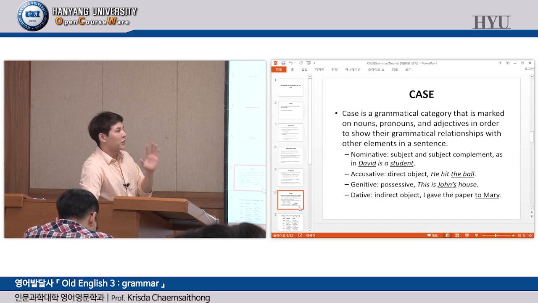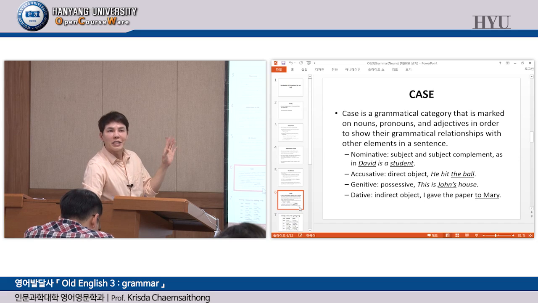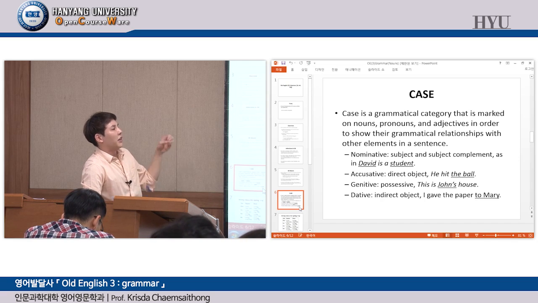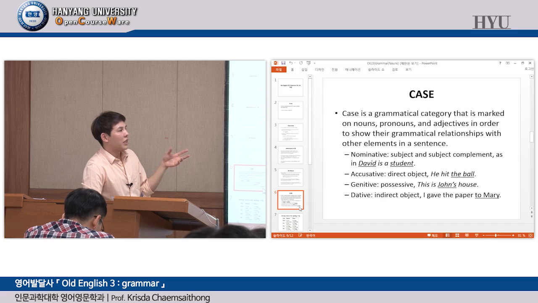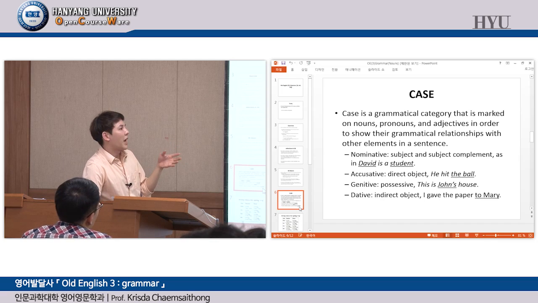People have no difficulty recognizing what a subject is in this class. The subject is before a verb, basically. And the subject complement, we usually use it after the be verb, after is, am, are, was, or were. So, David is a student. David here is in the nominative case because it's a subject.